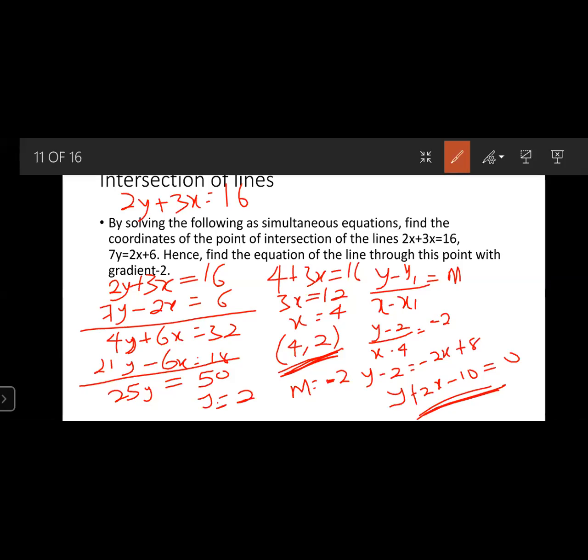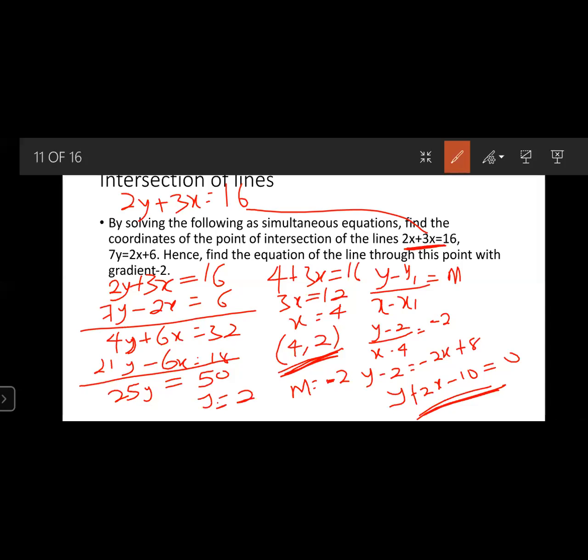By solving the following simultaneous equations, find the coordinate of the point of intersection. So I've said that this is what? It is 2y plus 3x, not 2x plus 3x. So we solve the two equations simultaneously first. Having solved that, the answer you get, x and y, will be a coordinate, a point.